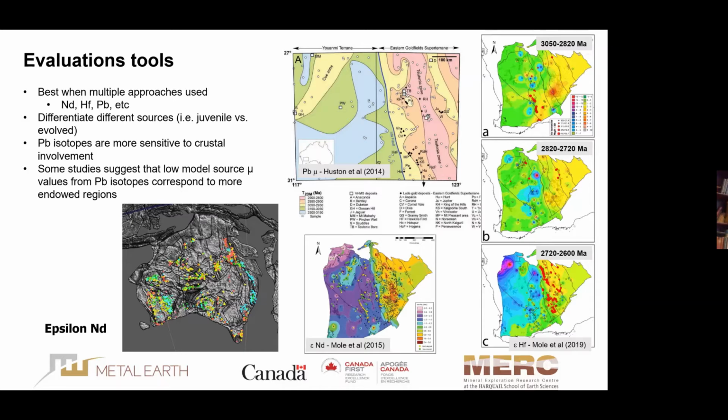As you've just seen, one also incorporates chemistry, oxygen isotopes, etc. In general, lead isotopes are more sensitive to crustal involvement, and that's one of the reasons we're keen to involve it. But at the same time, some of the previous studies have suggested that low model source mu values might relate to endowment.